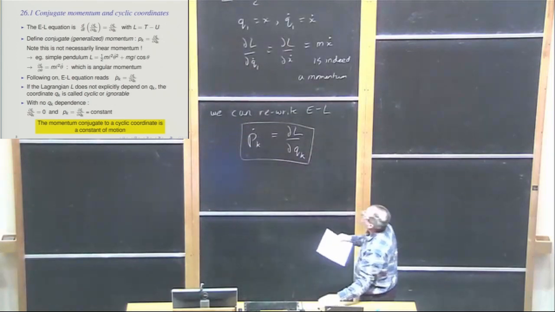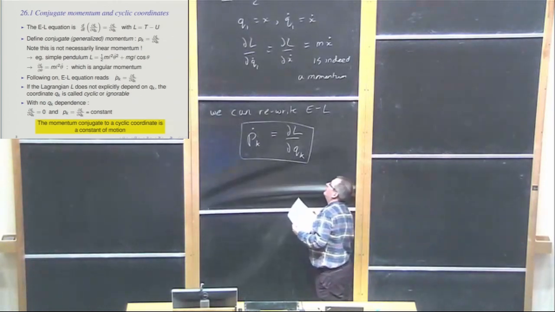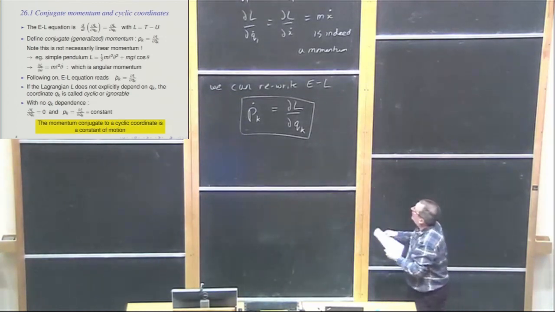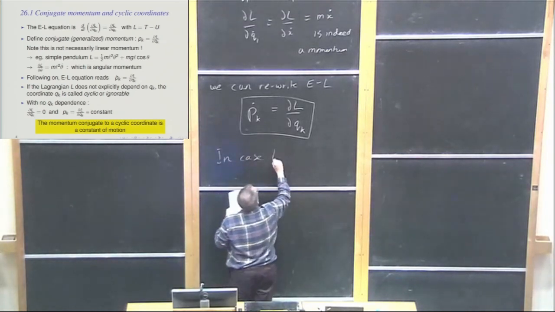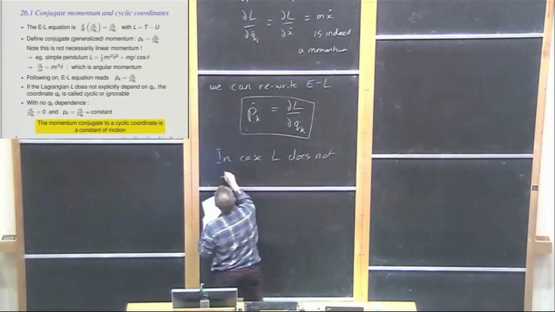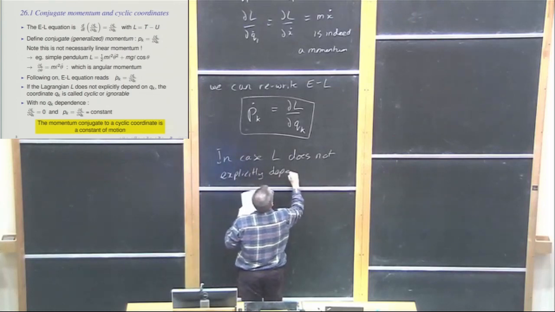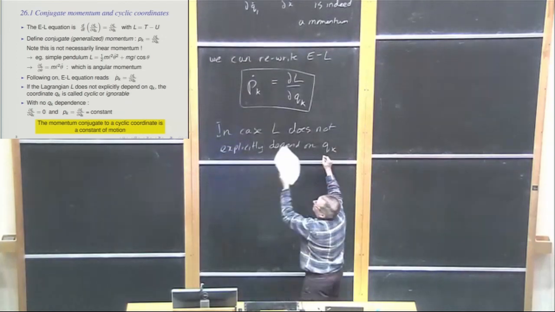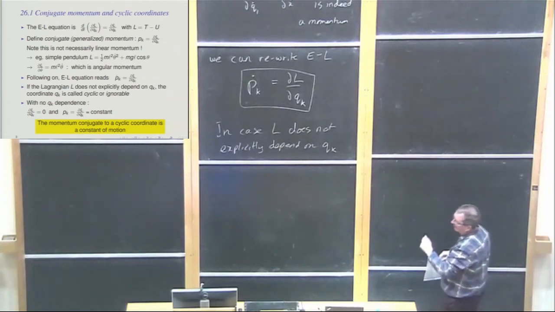And I promised you that we would get some insight from this discussion, and we're going to do that now. Imagine the case where the Lagrangian does not explicitly depend on q_k. So when you write out the Lagrangian, it doesn't involve q_k.